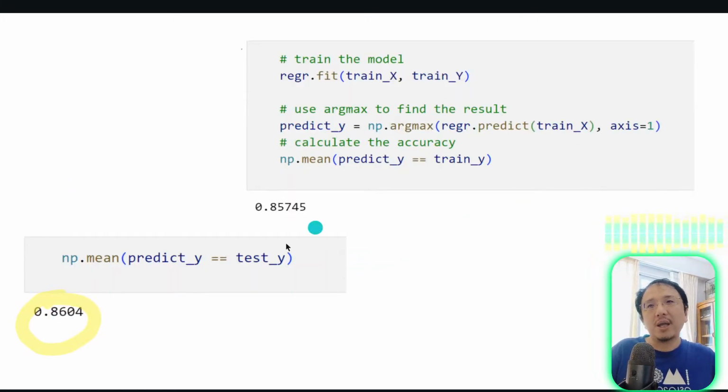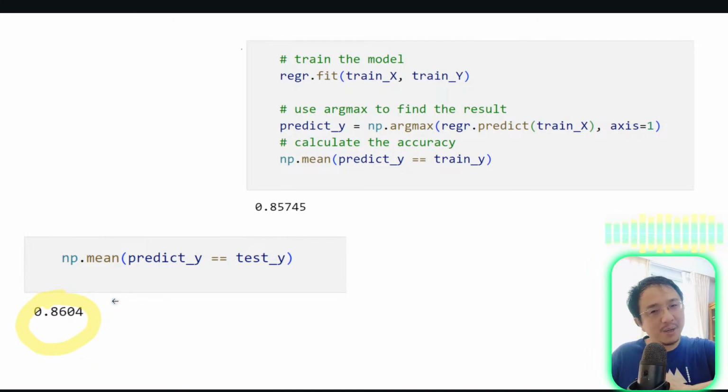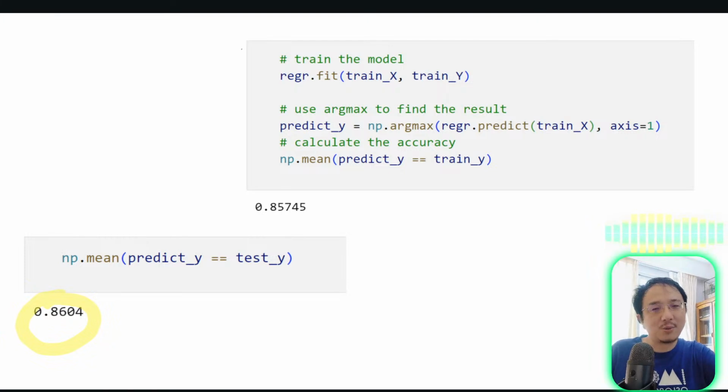So after doing this, we get an accuracy of 86%, which is still pretty bad. At least it is not overfitting, but it is much better than the random guess, which is 10%, and much better than the way that we did before, like 23%, because that was the incorrect way.